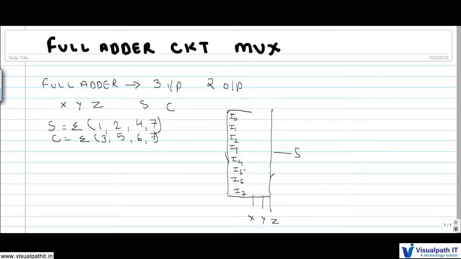So let's assume that this is our 8 cross 1 multiplexer. How many inputs are there? There are a total of 8 inputs, since 2 to the power 3 is 8.